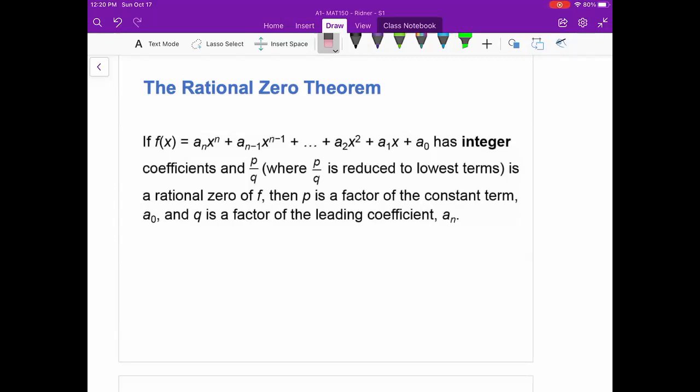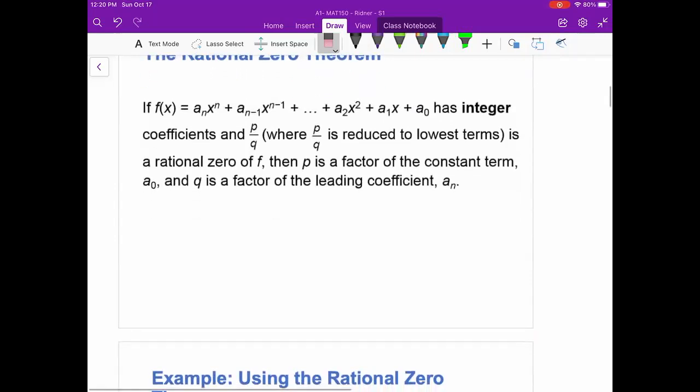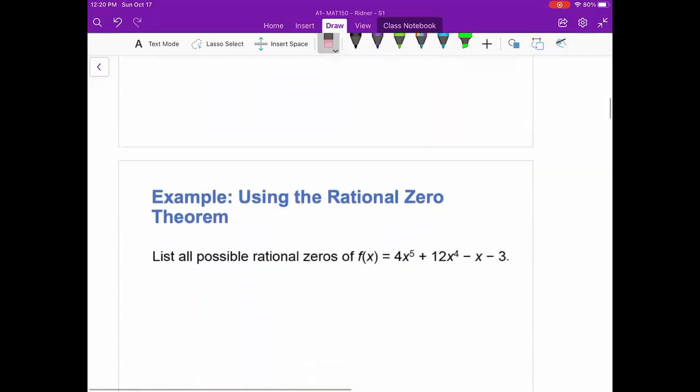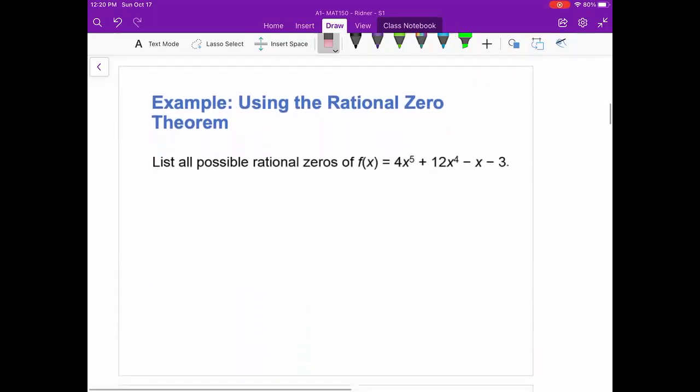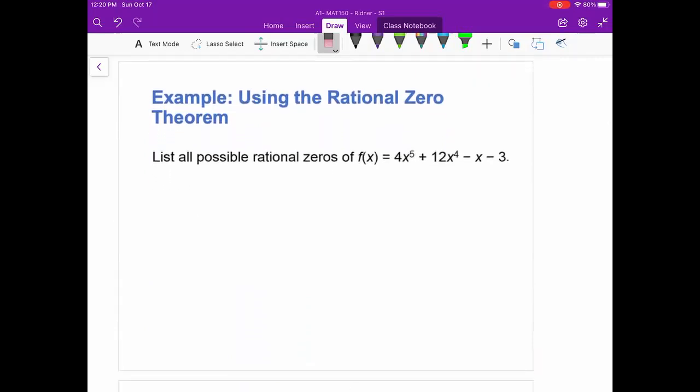So the rational zero theorem says that all the factors of the constant divided by all the factors of the leading coefficient are the only things that could possibly be a rational zero.